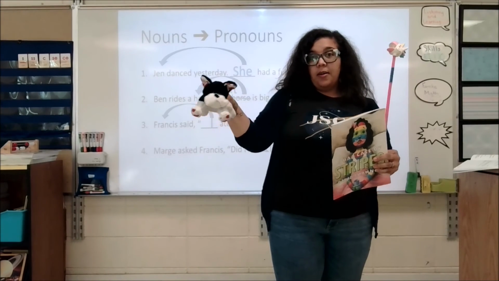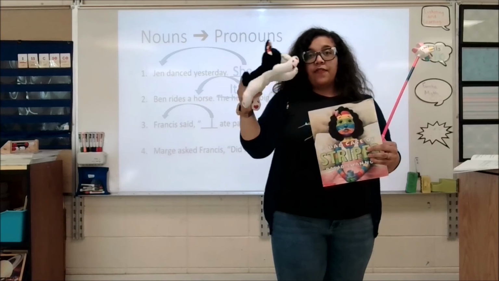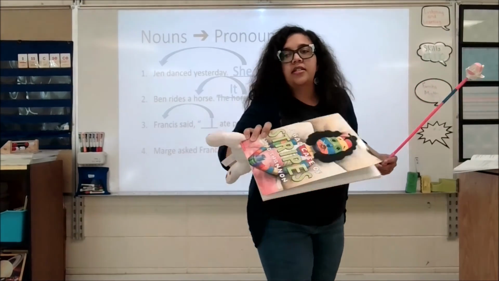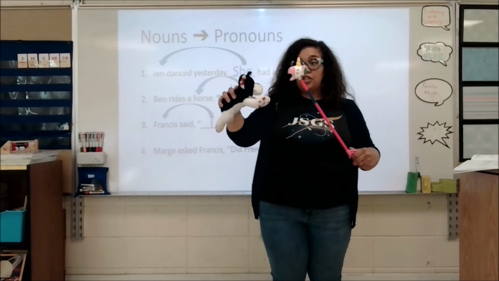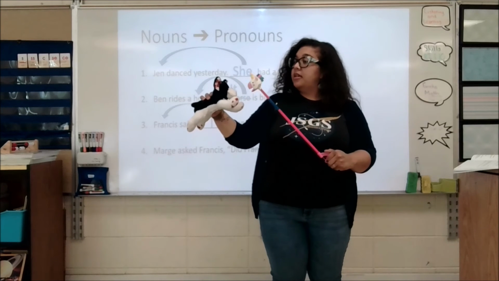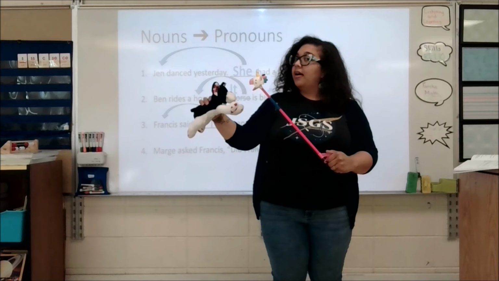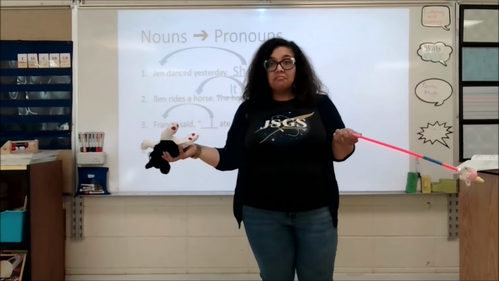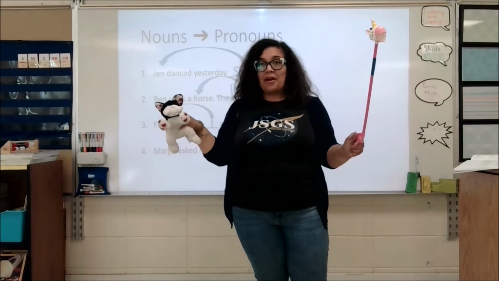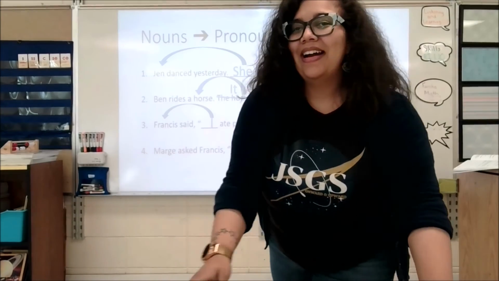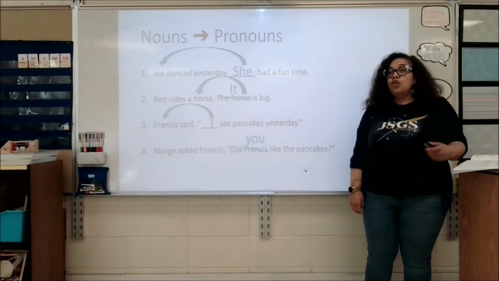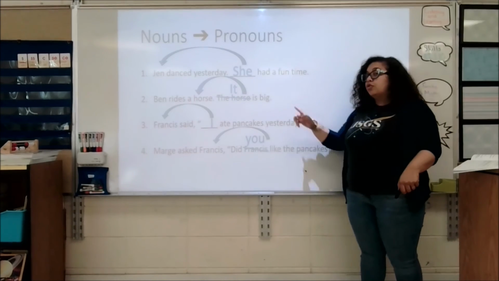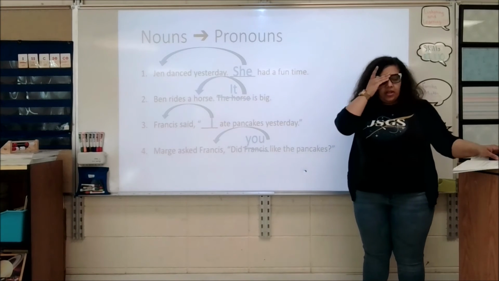Then our little puppy dog could say, yes, Francis liked the pancakes, because Francis is not in the conversation. But if Marge and Francis are talking to each other, it becomes, did you like the pancakes? And again, who is you? You is Francis.